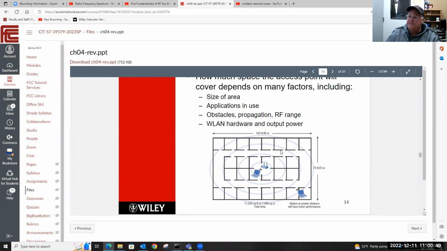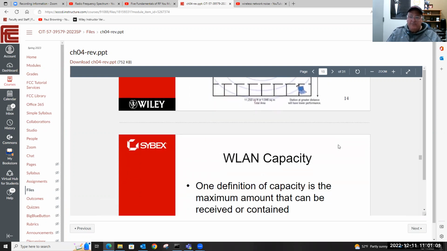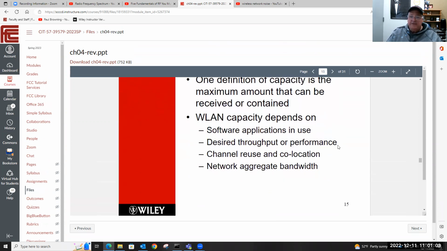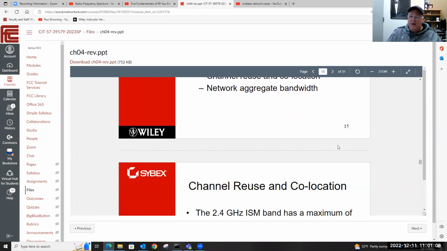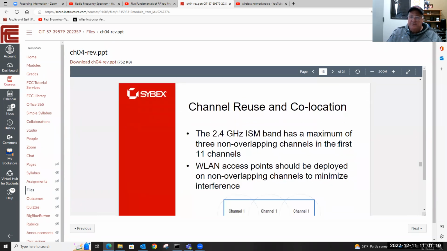If these are offices, in the old days buildings were built out of wood, but now there's a lot of aluminum or metal 2x4s in the buildings. So there can be all sorts of interference that can affect signal quality. And then there are hardware and output capacities. We need to look at those capacities and throughputs, and figure out how that bandwidth is actually going to accomplish its task.